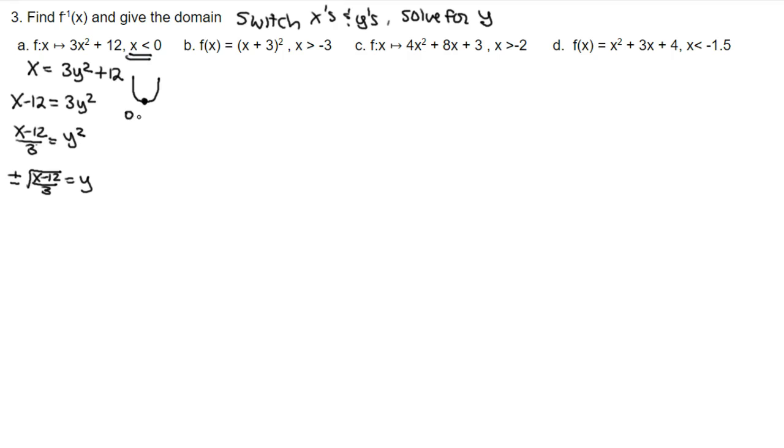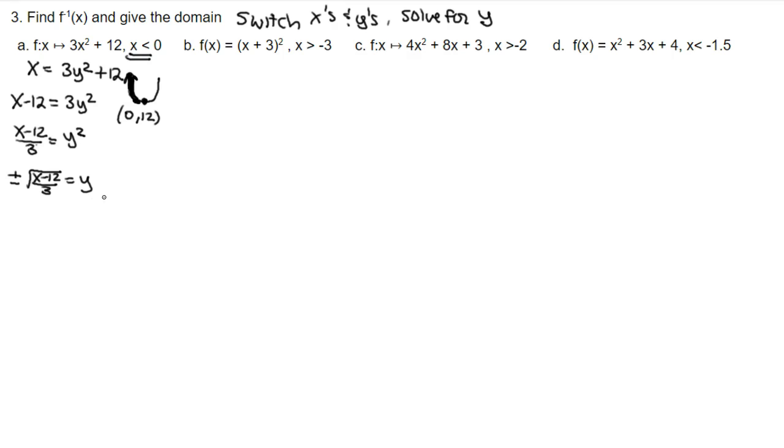And so if that's my vertex, well, if I take the inverse of this, it's going to lay down on its side, and then my inverse won't be a function. And so what's happening is by only using x less than 0, I'm actually only finding the inverse of this side of the quadratic.